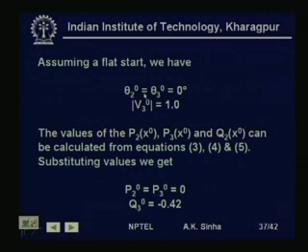So, theta2 and theta3 at the starting point are 0 degrees and V3 at the starting point is 1 per unit. The values of P2, P3 and Q3 at the starting point can be calculated from these equations. Substituting the values, we get P2 equal to P3 equal to 0 and Q3 equal to minus 0.42.